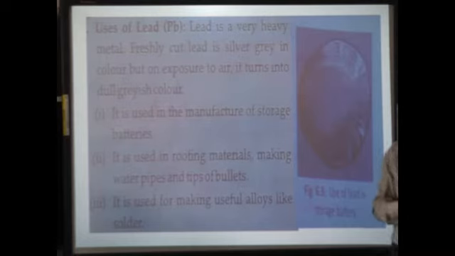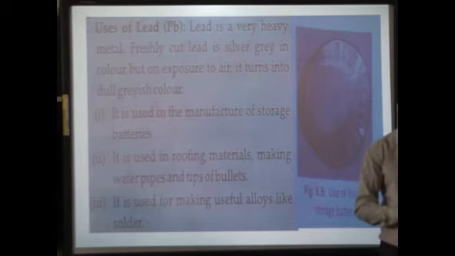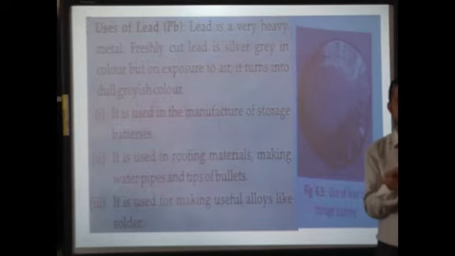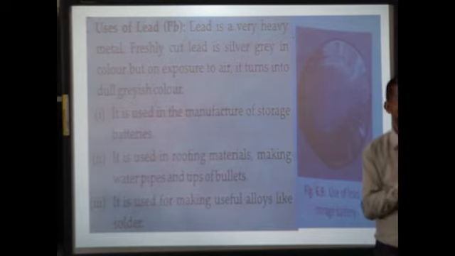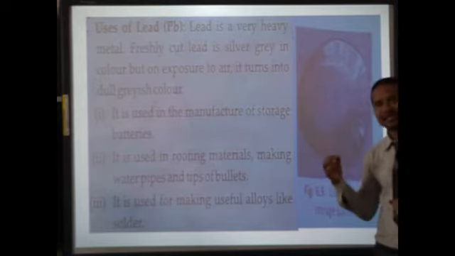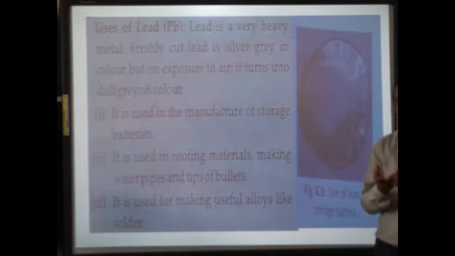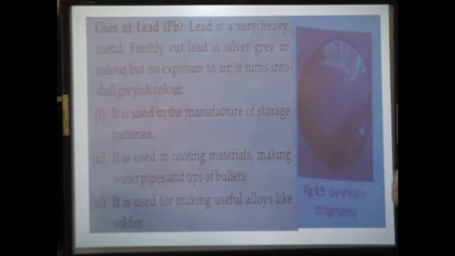Whenever electronic devices are taken to the mechanic for maintenance, they use a silvery white wire, that is soldering wire, made of solder, which is an alloy of lead and tin, whose melting point is very low.